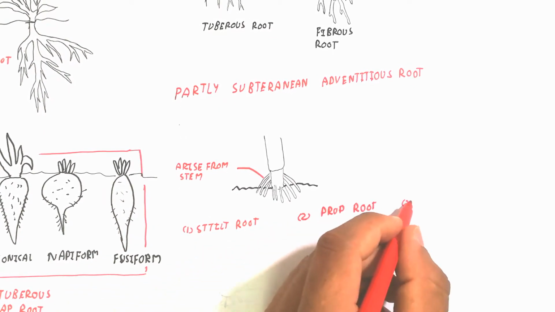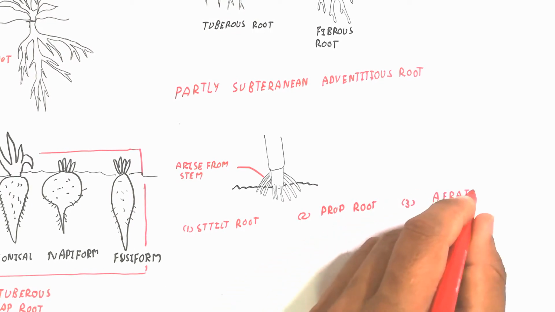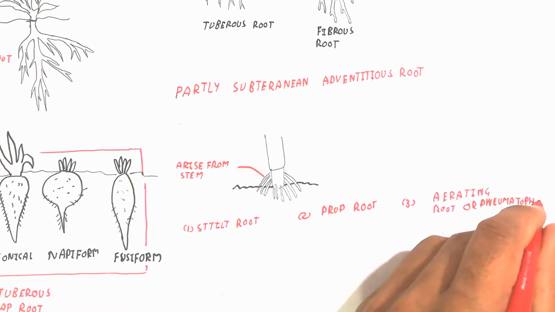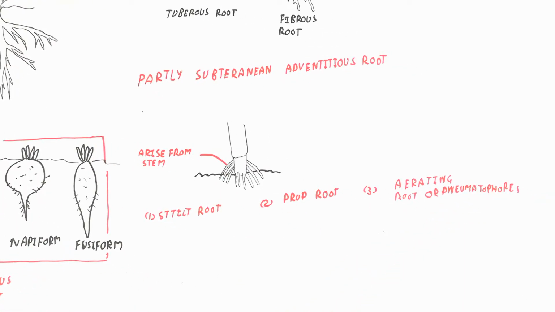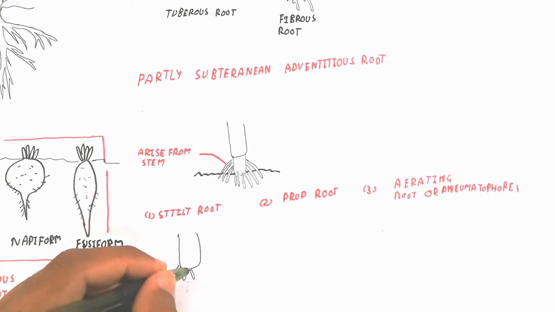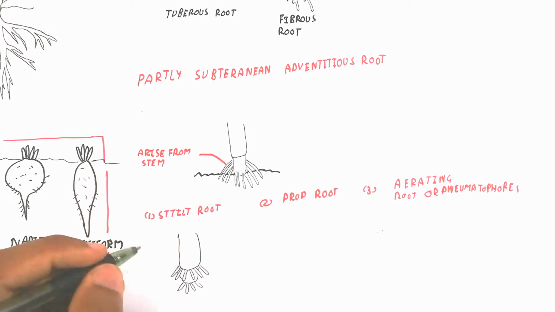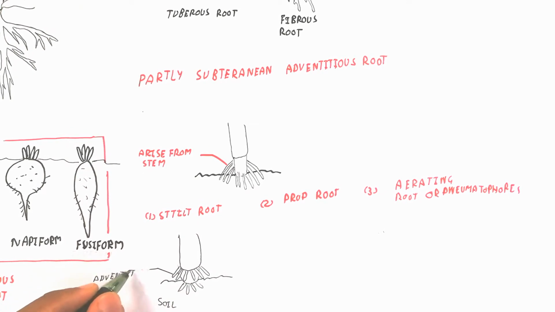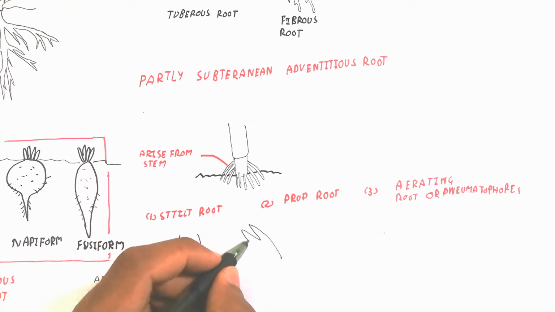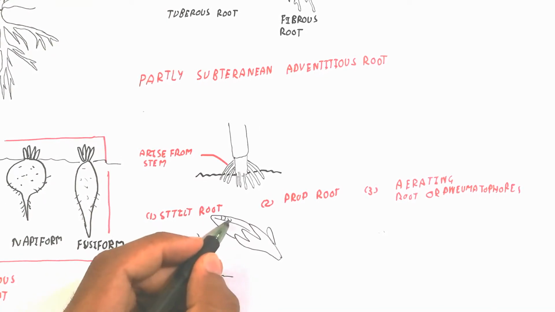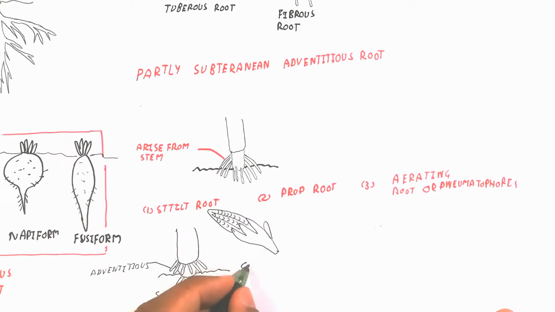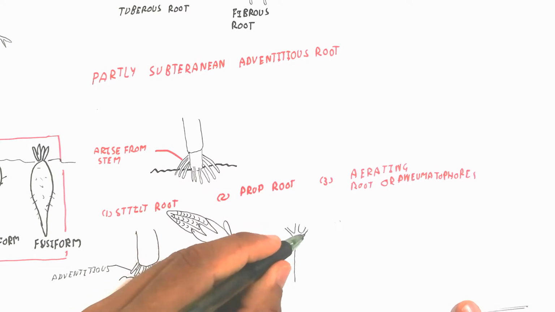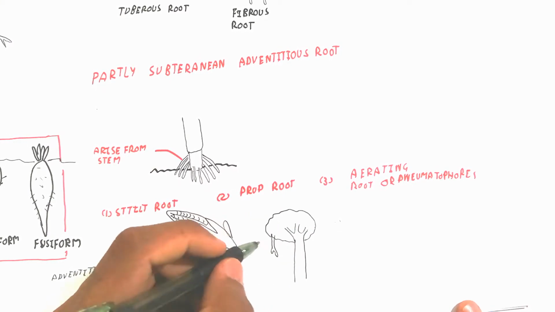Another type of partly subterranean adventitious root has three types, which are stilt roots. A stilt root is an adventitious root that arises from the stem and goes into the soil, just like in corn, sugar cane and bamboo, plants that are grasses.